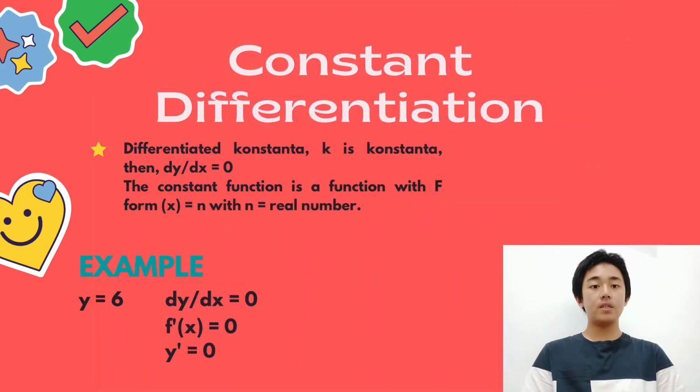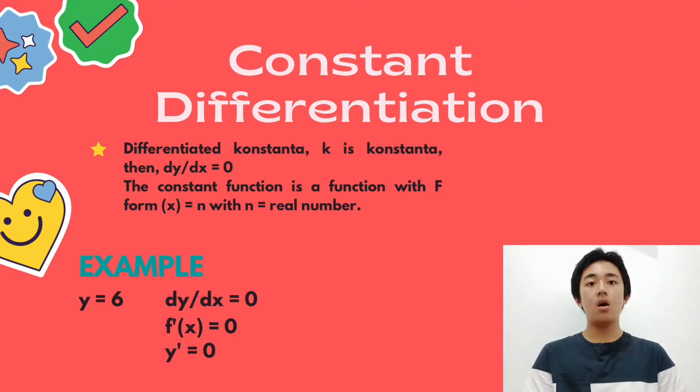And the first derivative rule is constant differentiation. Constant means it's a constant number that doesn't have any variables, and in the derivative function, every number without variables equals 0.